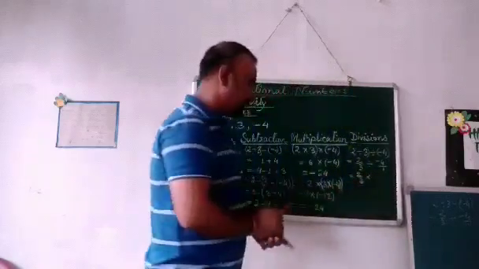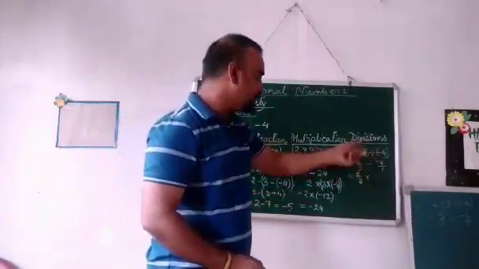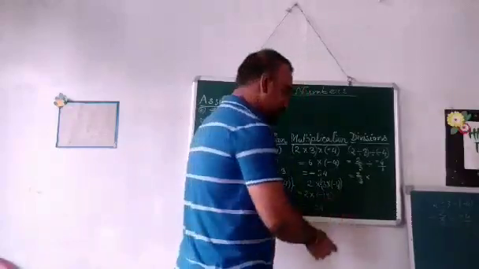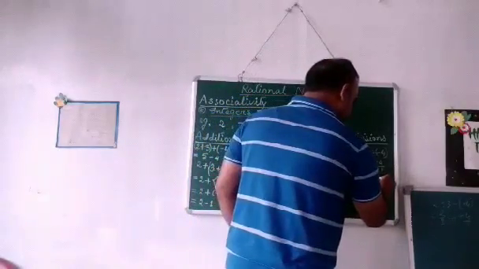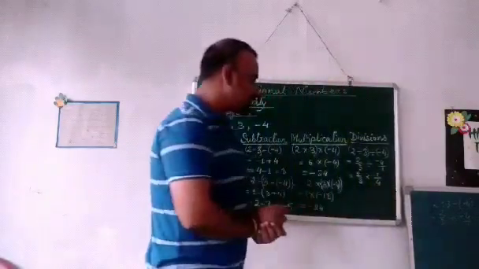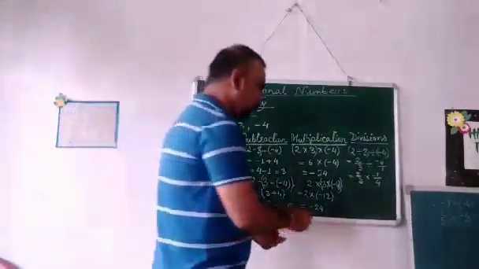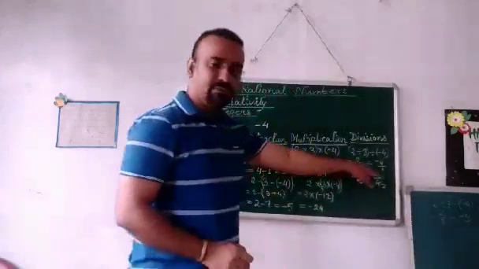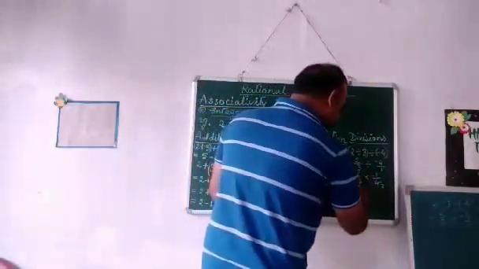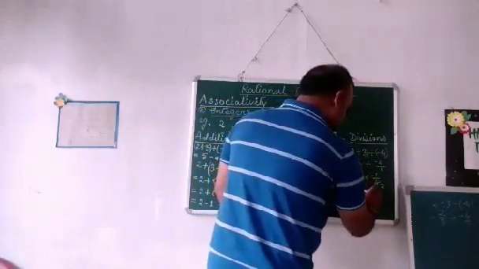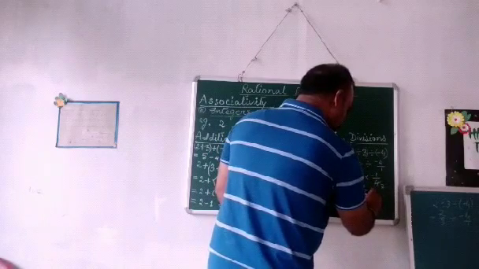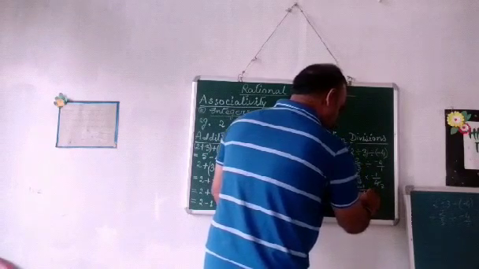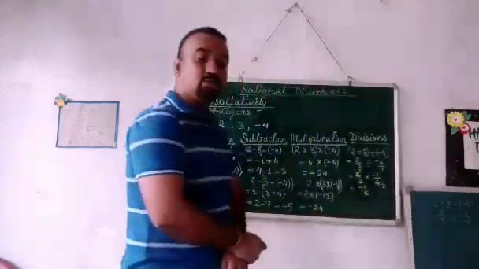So divide becomes into, and this number gets reciprocated. Becomes minus 1 by 4. Cancelling 2 and 4, we will get minus 1 by 6.